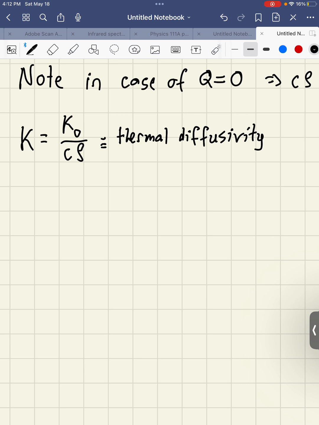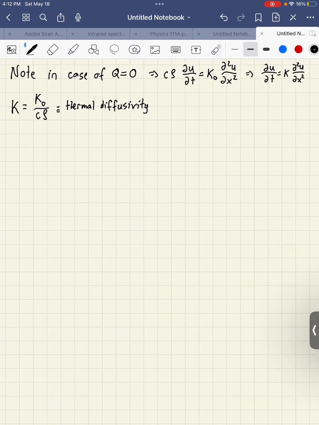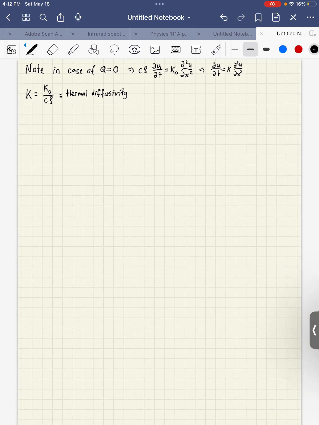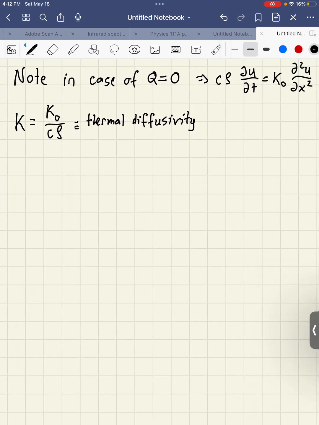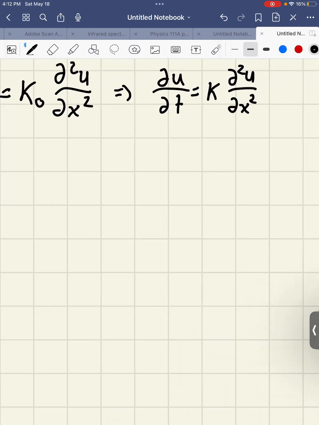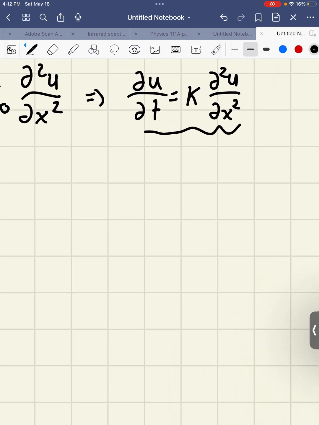Now this heat equation describes how heat energy spreads out, the diffusion. So the heat equation can also be called the diffusion equation.